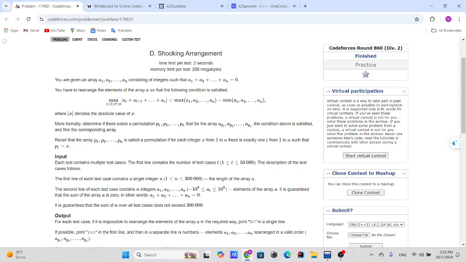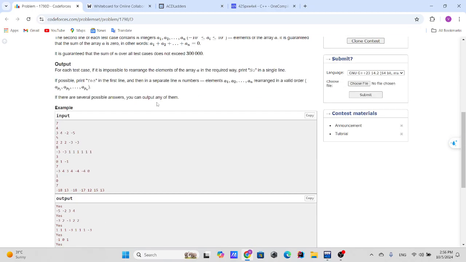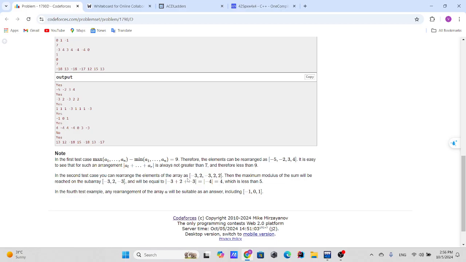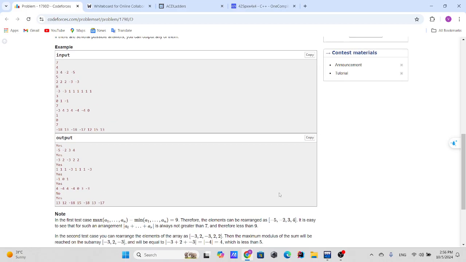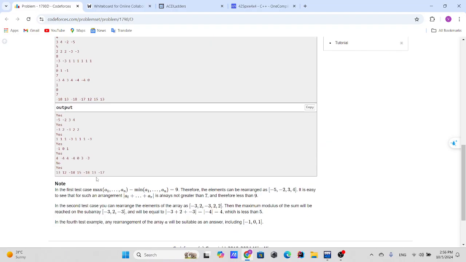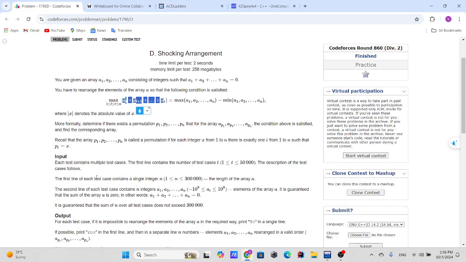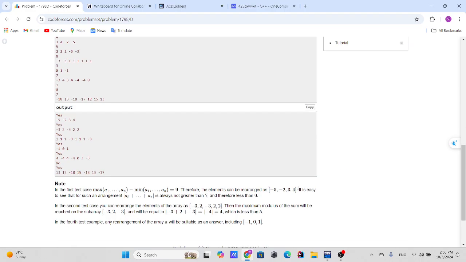The maximum of left to right is 9, okay? It's always greater than 7 and therefore less than 9. Such an arrangement is always understandable.